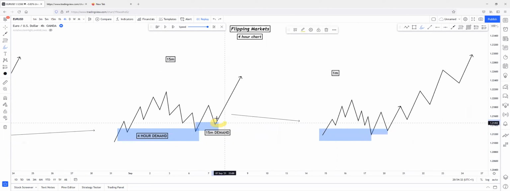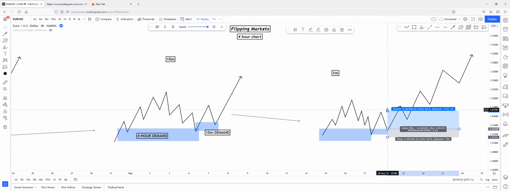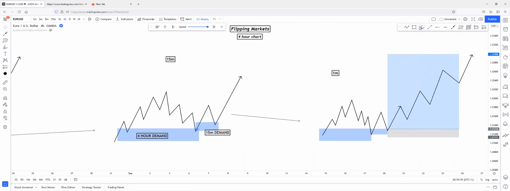So after the tap of this 50-minute zone happened, price will change character on the 1 minute also. So break through the last high point, change of character, it will create a demand zone. And after the change of character, you can mark your demand zone out and take a trade on this demand zone, so take a long trade. And you can write the expectational order flow, which is this one, because it's bullish in this case.